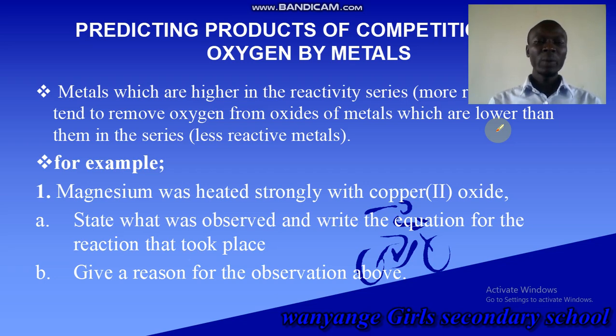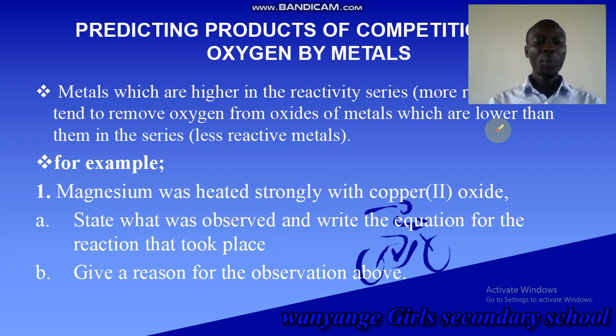Now, to predict which product will be formed, we shall look at which of those metals is higher than the other in the reactivity series. The one that is higher in the reactivity series will always remove oxygen from the one that is lower in the reactivity series.